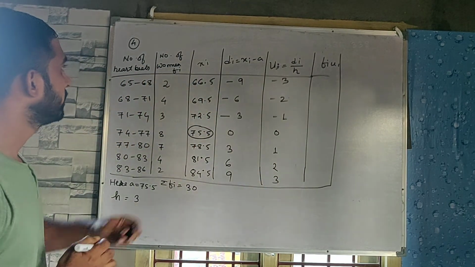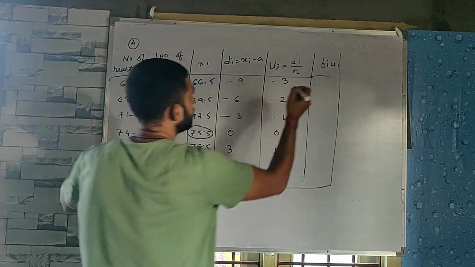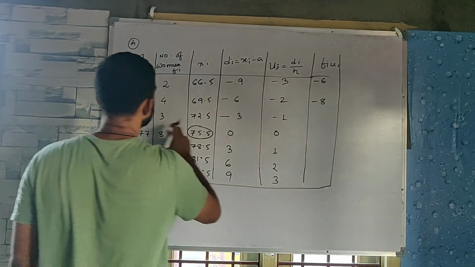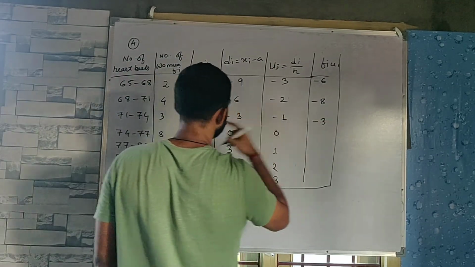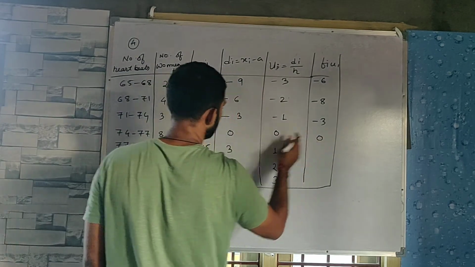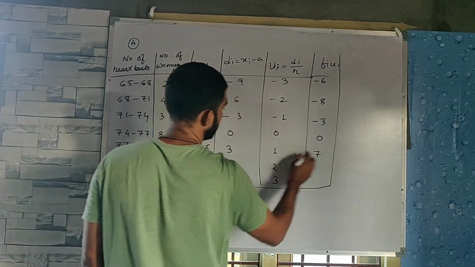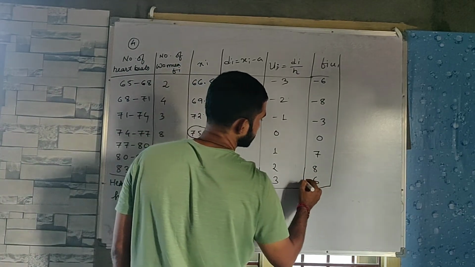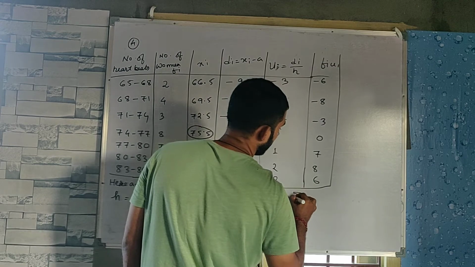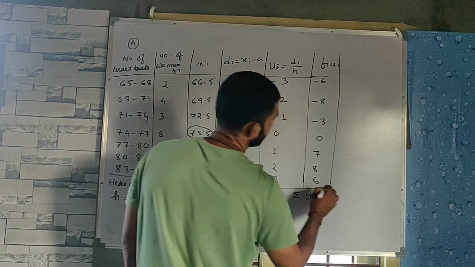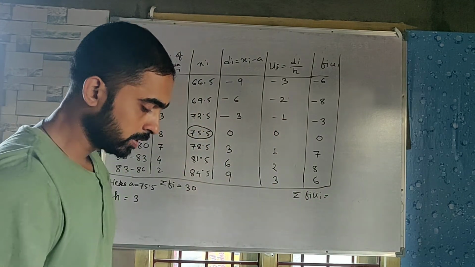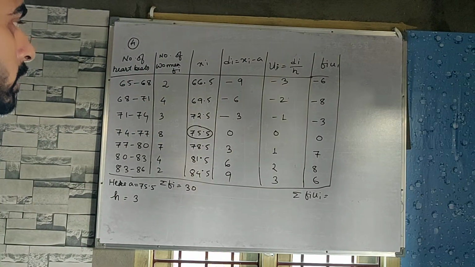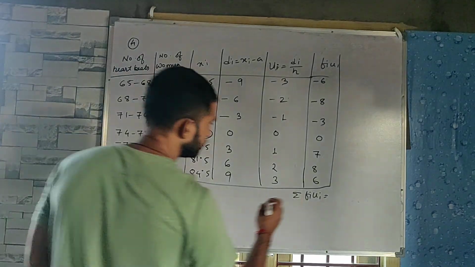Next fi ui. 2 into minus 3 is minus 6. 4 into minus 2, minus 8. 3 into minus 1, minus 3. 8 into 0, 0. 7 into 1, 7. 4 into 2, 8. 2 into 3, 6. So summation fi ui equals minus 14 plus 18, which is 4.